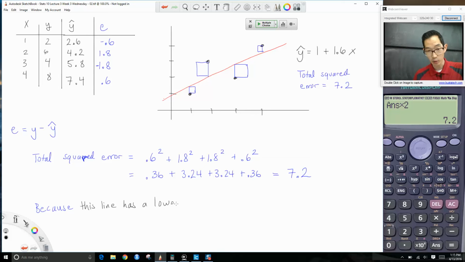It has a lower total squared error. It is a better fit to the data.